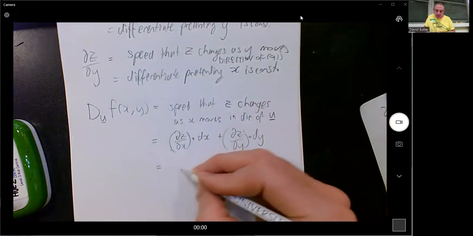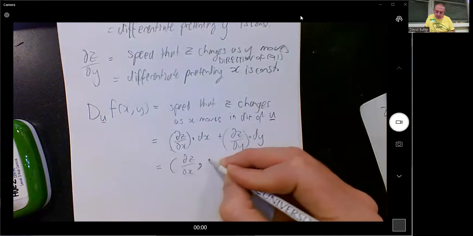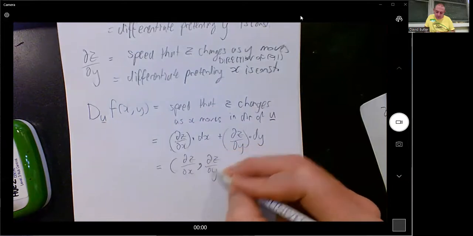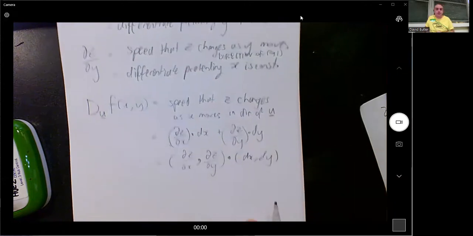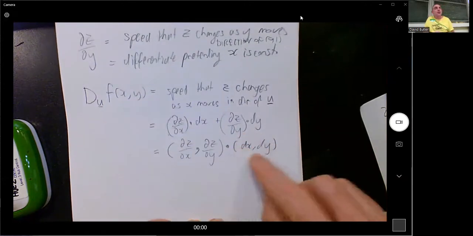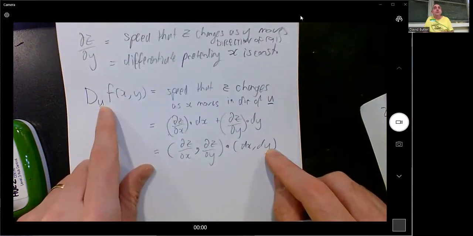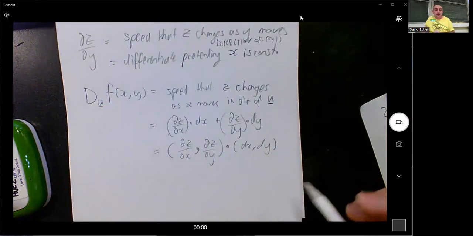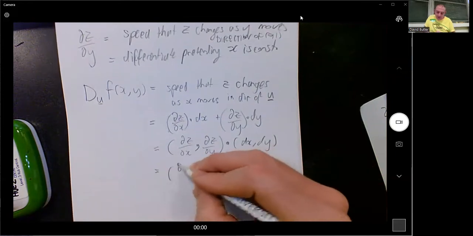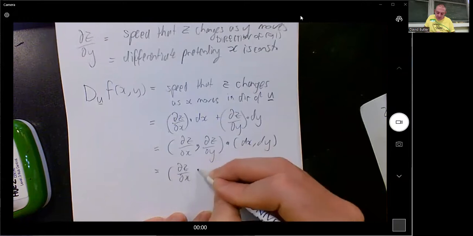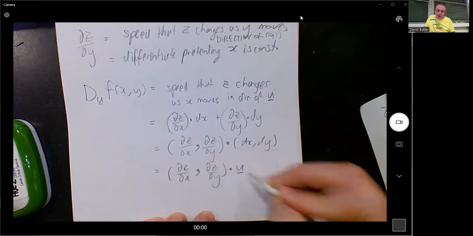And then this is a dot product. And this vector is how far you've moved, which is what u is. And so it turns out that what you get is this thing dot with the vector u.